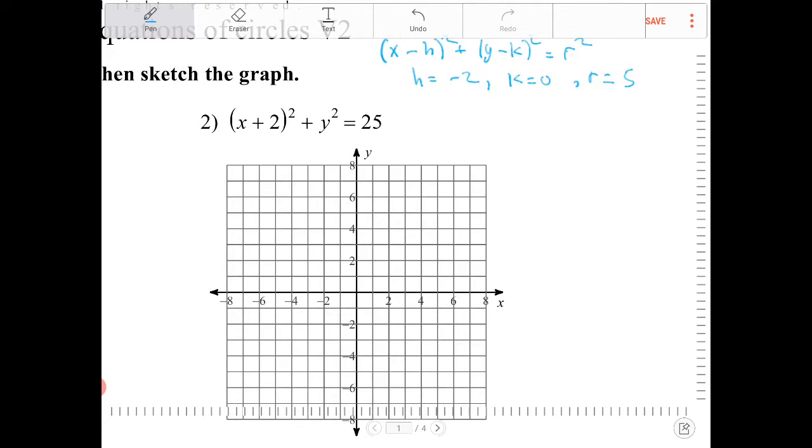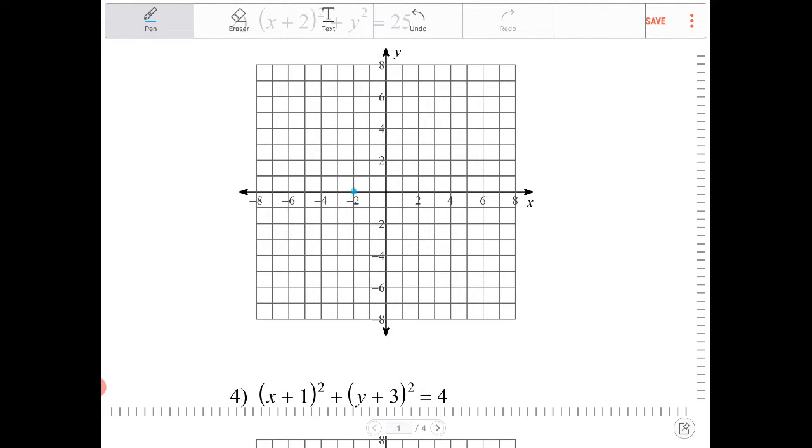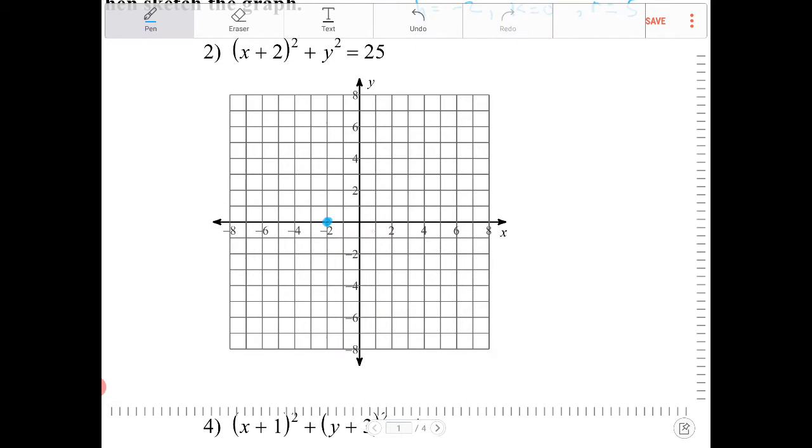So from -2, 0, which is this point right here, I'm going to go north, south, east, west 5 units because the radius is 5 units. So therefore, I will end up with something that looks like this.